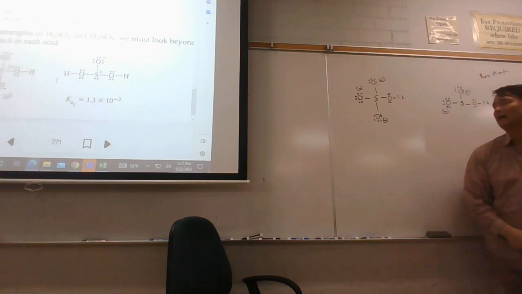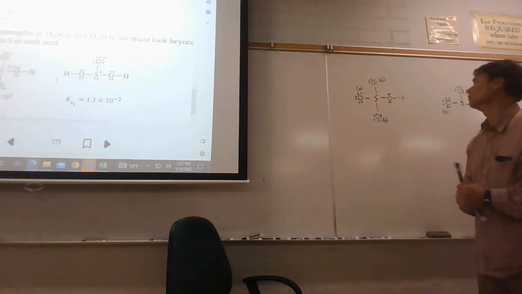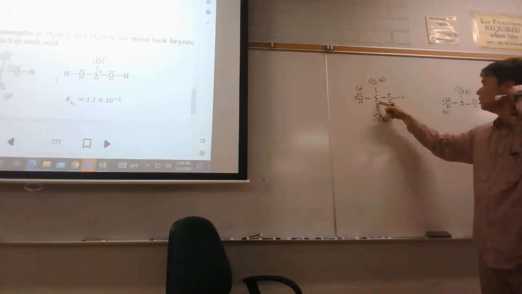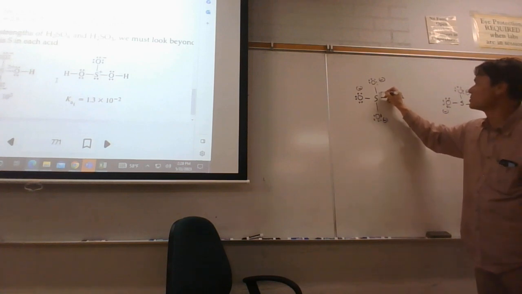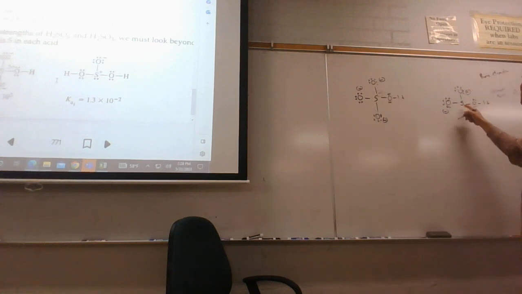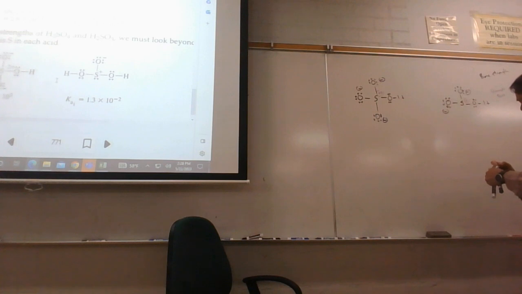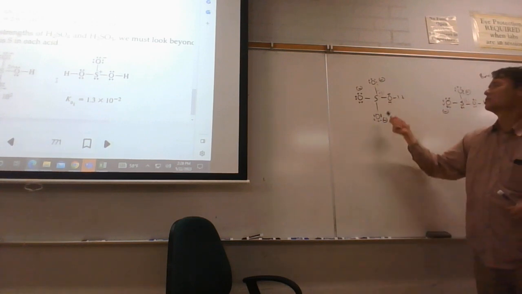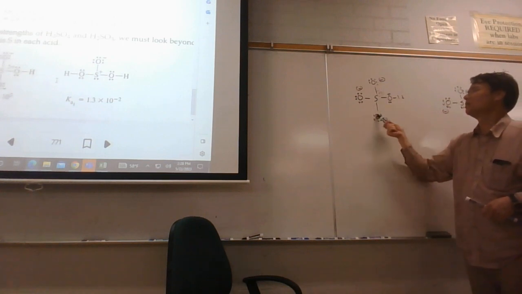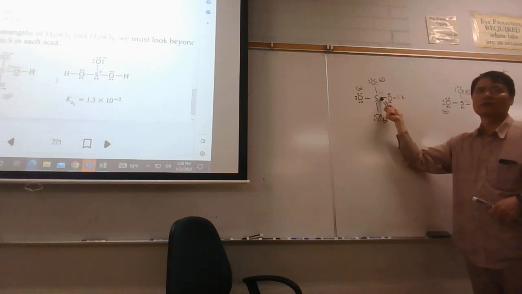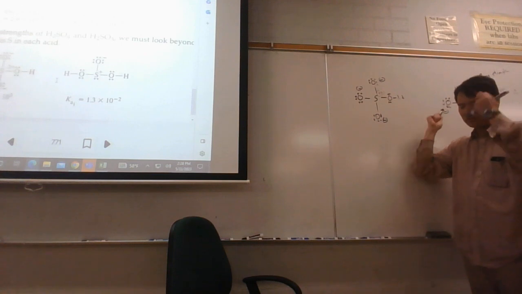And so what we do next is look at the inductive effect. This sulfur is +2 formal charge. This sulfur is +1 formal charge. 2 electrons missing here. Even though oxygen versus sulfur, oxygen should win, this is an oxygen competing with a +2 sulfur, and this is oxygen competing with a +1 sulfur.